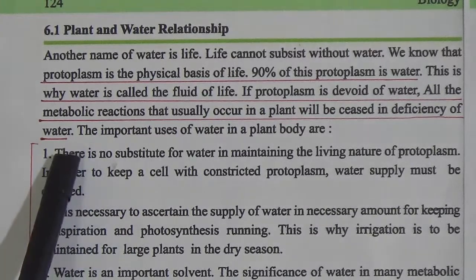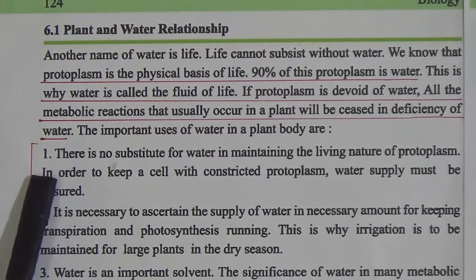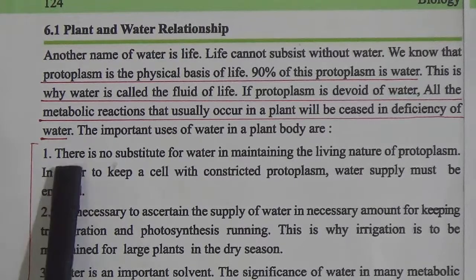We know when we learn about photosynthesis, the main ingredients of photosynthesis are carbon dioxide and water. So we can easily understand that water is the most important part, not only for making food, but also for transportation. Water helps in carrying the mineral salts also.